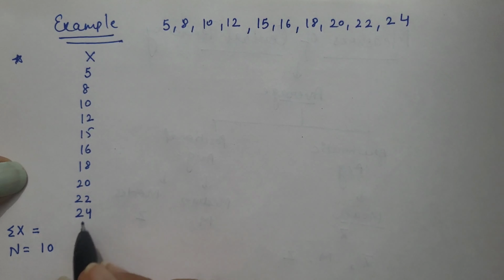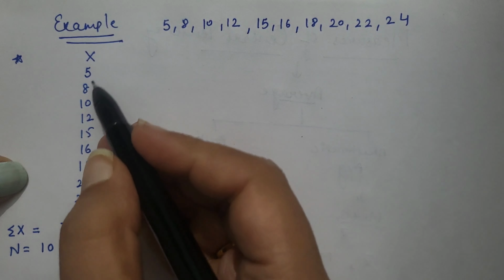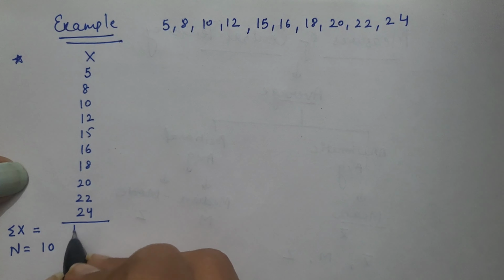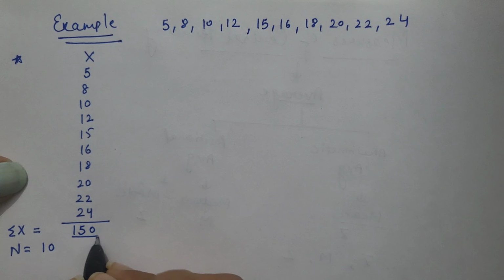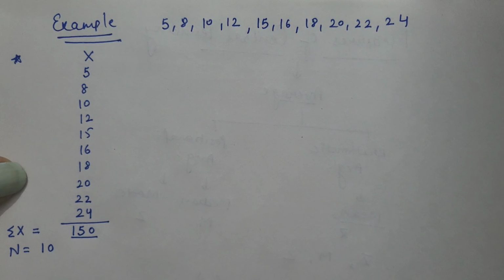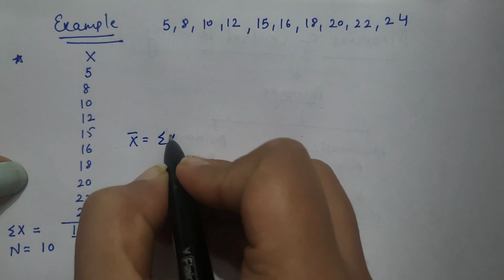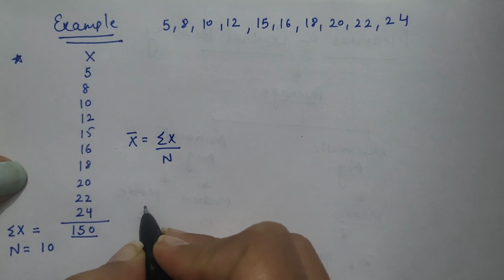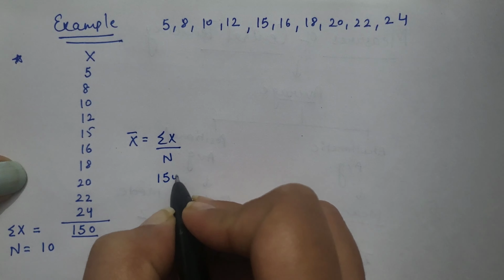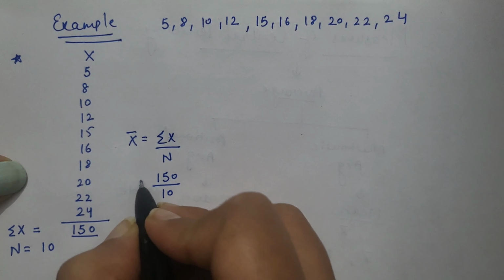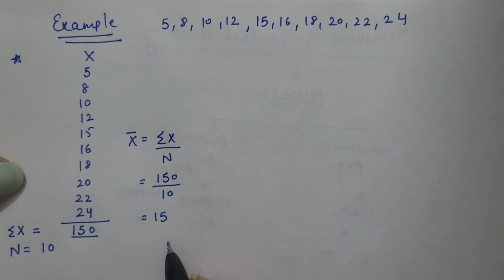And x we can calculate by adding all the observations. So, sum of all the observations is 150. As per formula, mean is equal to summation x divided by n, which is 150 divided by 10, that is 15. So mean here is 15.